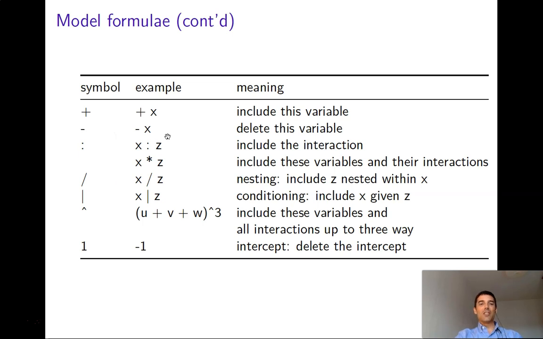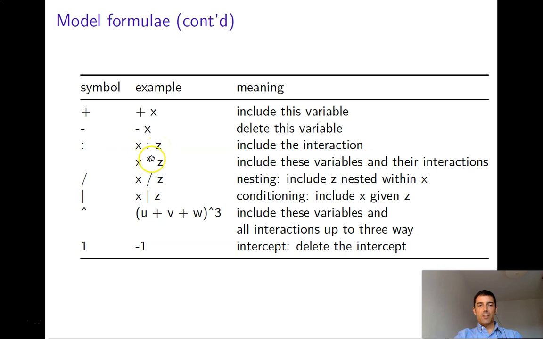So here's a little cheat sheet about model formula. As we saw on the previous page, plus just means to include another variable in the model. Minus means to delete a variable from the model. Colon means to include an interaction between x and z here.